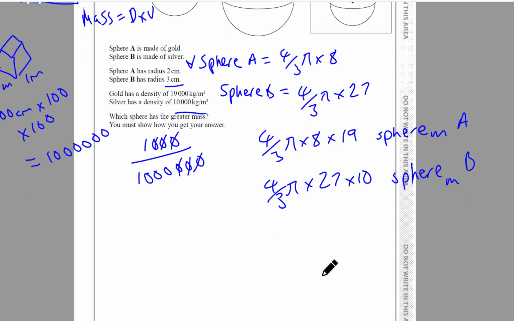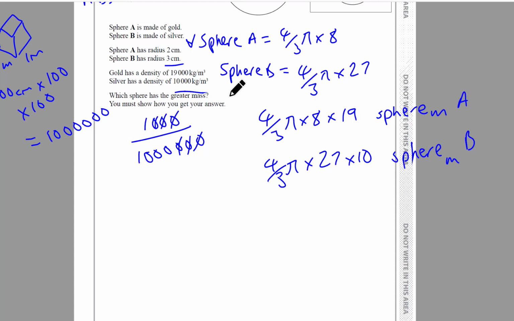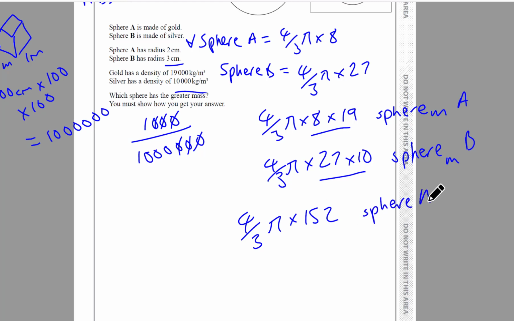Do we need to work out anything more here? Well, these are the same here, so we just need to work out this and this. So we've got 4/3 pi, 8 times 19, 80 and 72 is 152. That's sphere A. And sphere B is going to be 4/3 pi times 270.